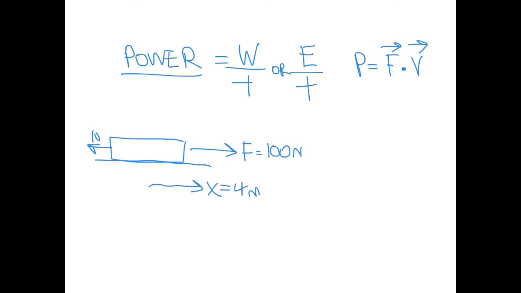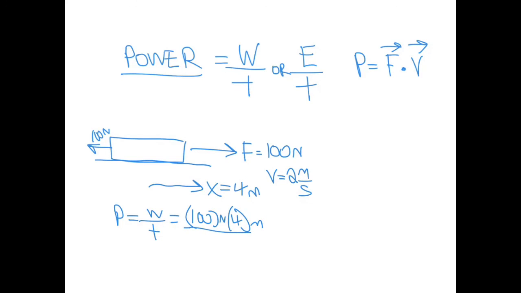Even if there's some friction, the friction just keeps it from accelerating. And let's say in this case we are pulling it at a constant velocity of 2 meters per second. Well, the power would be work over time, so the work would just be 100 newtons times 4 meters, which would be 400 joules of work.